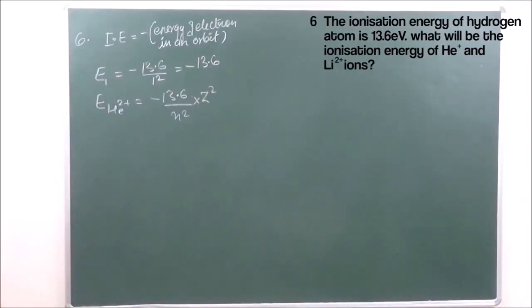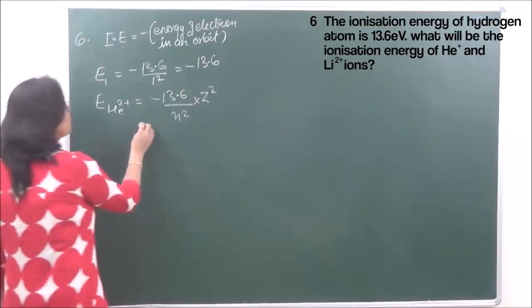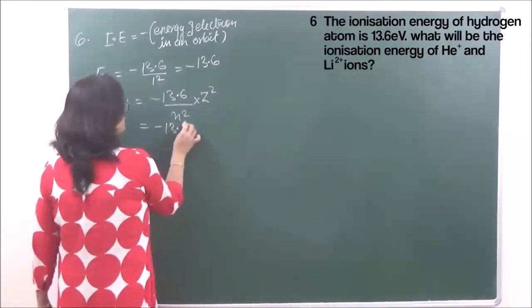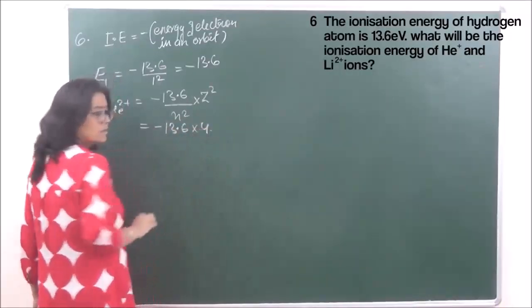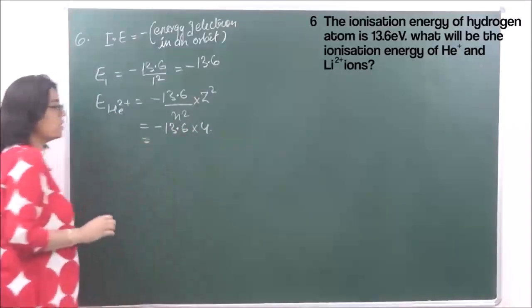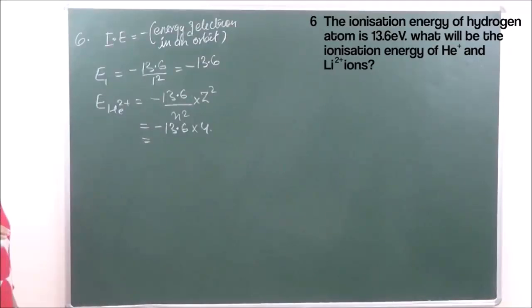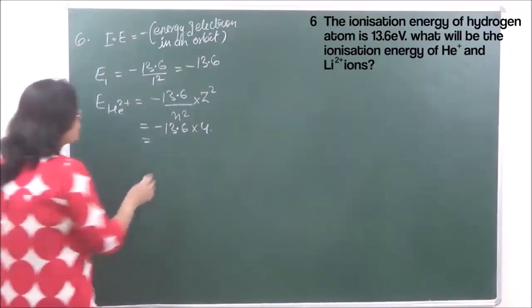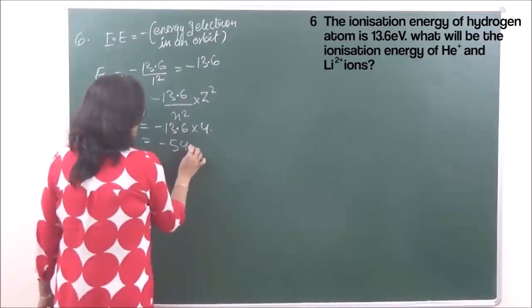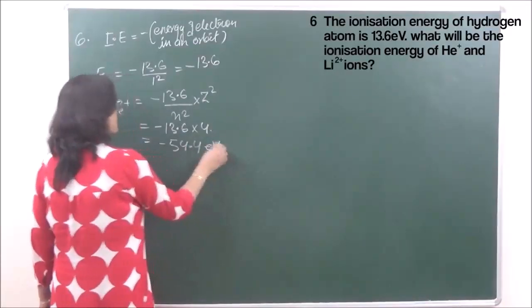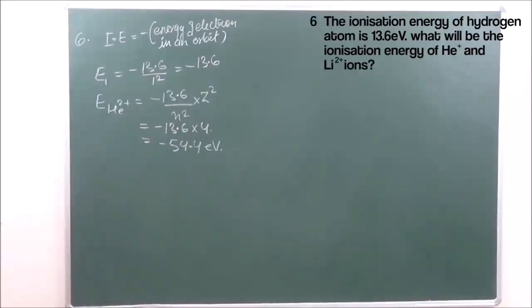The atomic number of helium is 2, so this becomes minus 13.6 into 4. When you calculate this, it becomes equal to minus 54.4 electron volt. Got it? This is the energy for helium.